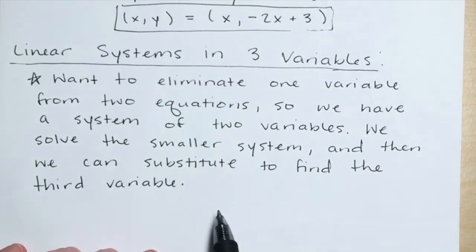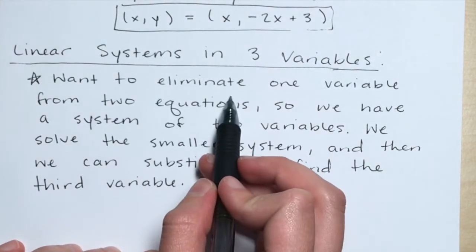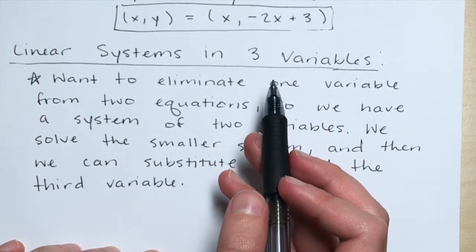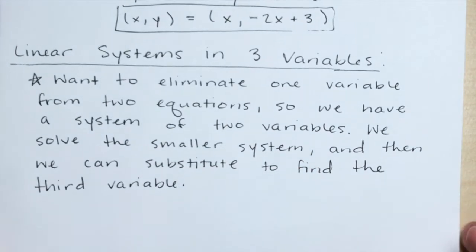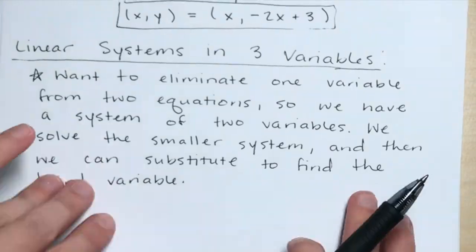So this is nice because we get to use the elimination method that we just talked about. So we're going to use the same type of process there. So let's take a look at one of these.